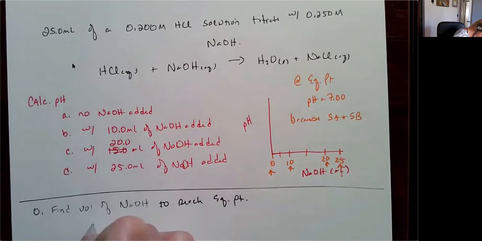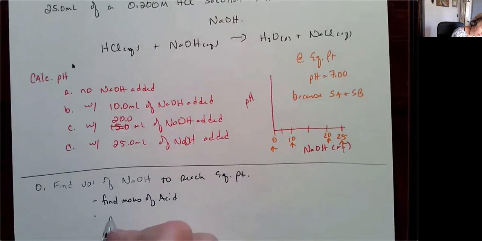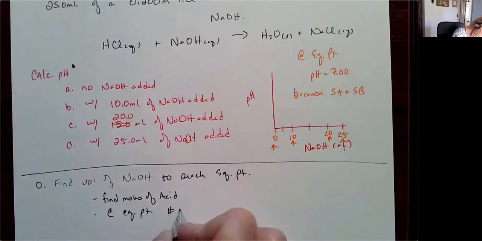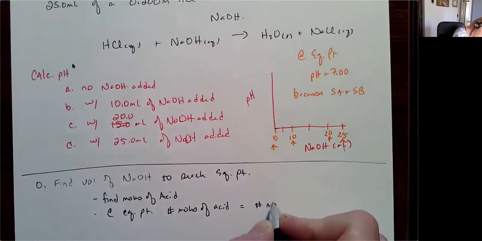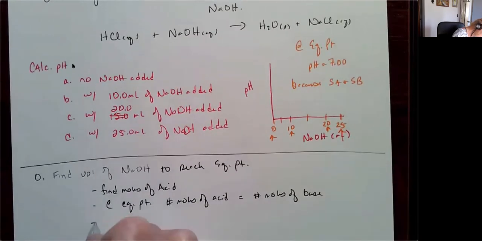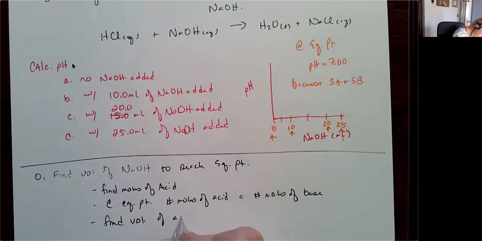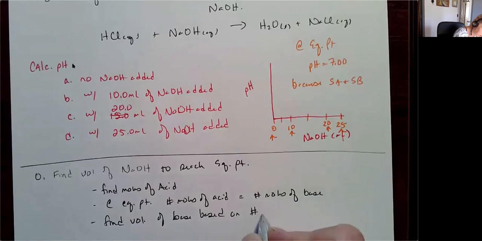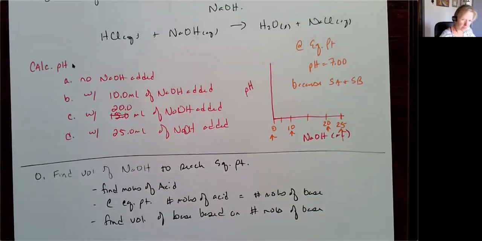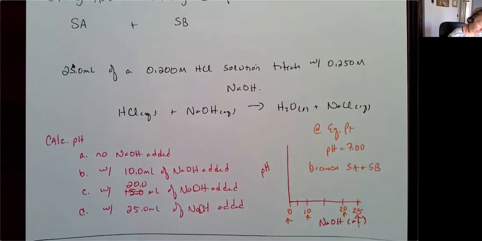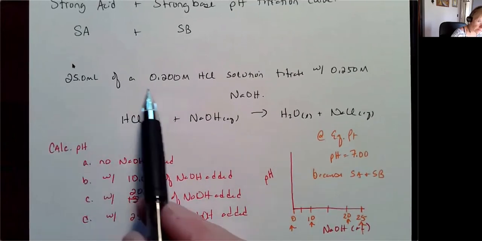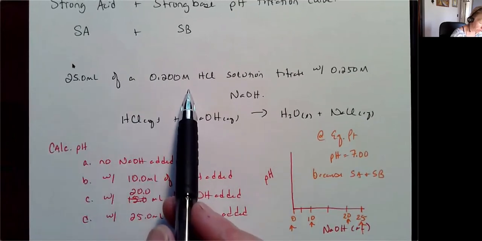In order to do that, I need to find moles of acid, and then at my equivalence point, number of moles of acid is going to equal number of moles of base, and then I'll find volume of base based on number of moles of base. Okay, so it sounds complicated, but it isn't. I have 25 mils of a 0.2 molar solution of HCl.